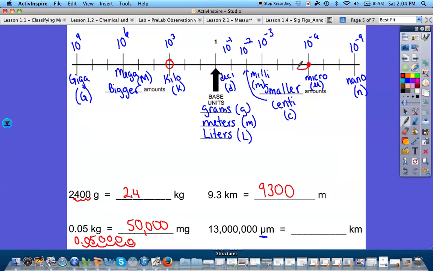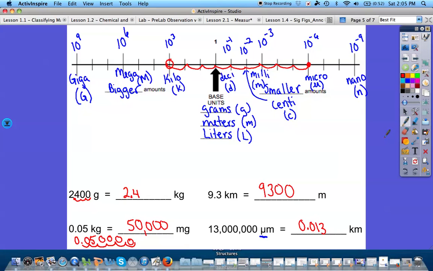So we're moving our decimal 1, 2, 3, 4, 5, 6, 7, 8, 9 places to the left. So 0.013 kilometers is equal to 13 million micrometers.